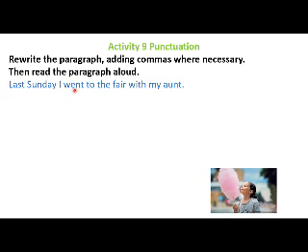Here, no need to insert a comma because there are no needed places, right? Here, look at this sentence. This is the first sentence in the paragraph. Last Sunday, I went to the fair with my aunt, right? No need to insert a comma in this sentence. Now let's move on to the second sentence.